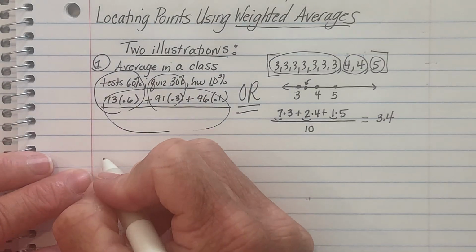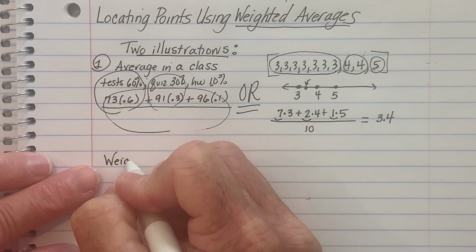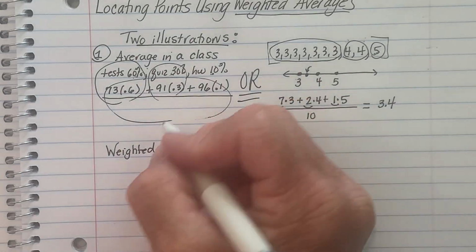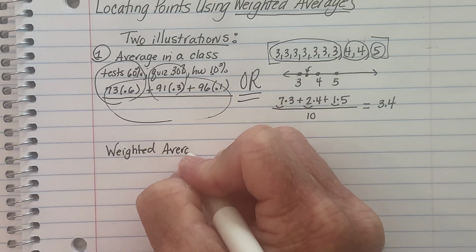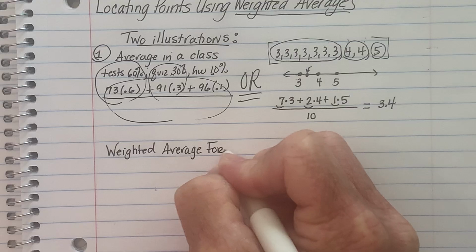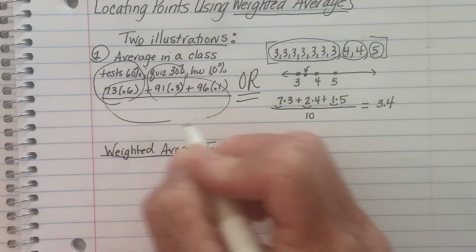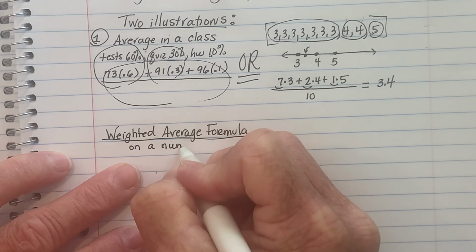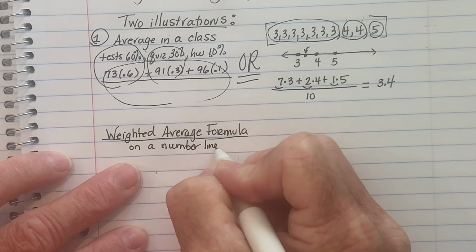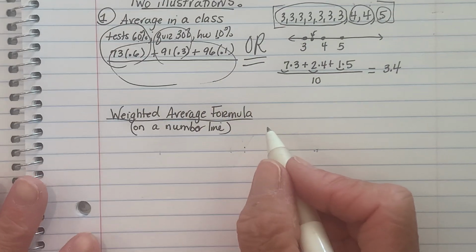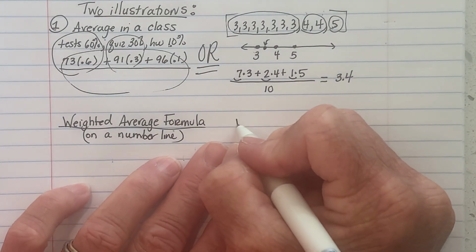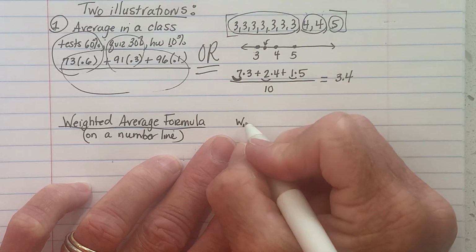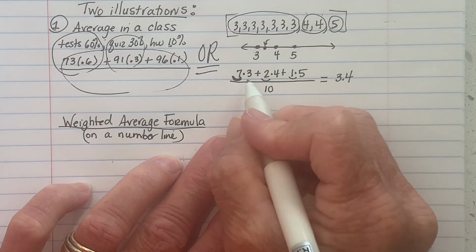So let's go ahead and jump into the formula, and we'll use it with the types of problems that we've been doing, our ratio problems or partitioning a line segment. So the weighted average formula, which does look worse than it is, is going to be, when we do it on a number line, the weight of the first coordinate, so how many 3s I had, times the value of the first coordinate.